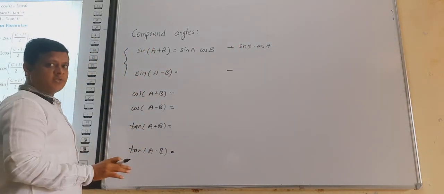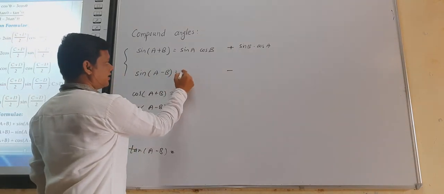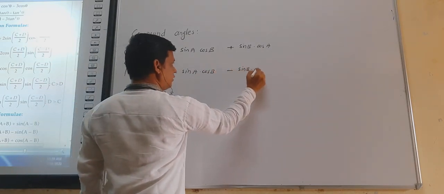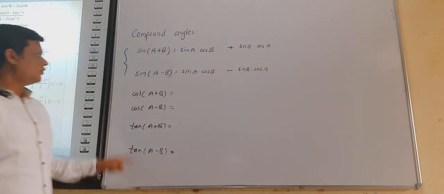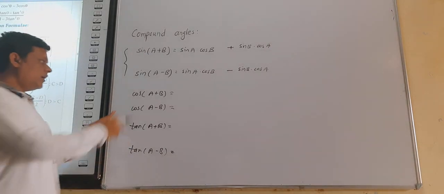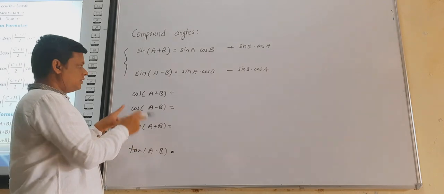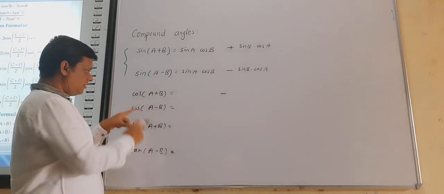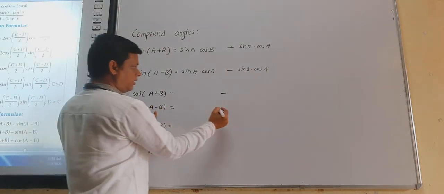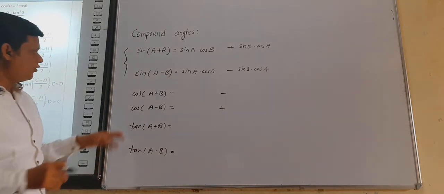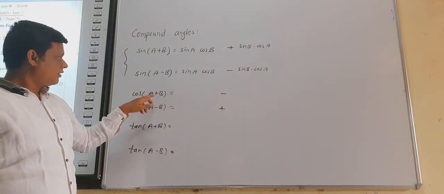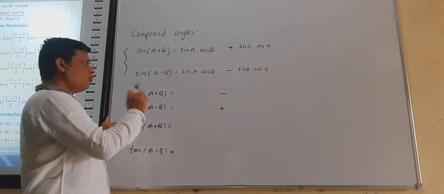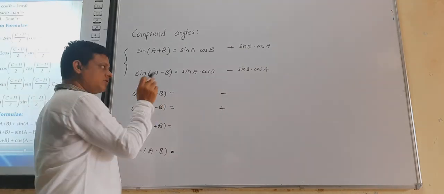Now use the same trick for the second. We write sin A into cos B minus sin B into cos A. Now see the cos formulas. In these the sign changes: the given sign is plus, so we write minus, and where it is minus, we write plus. The ratios are the same, and we have to write both ratios the same.